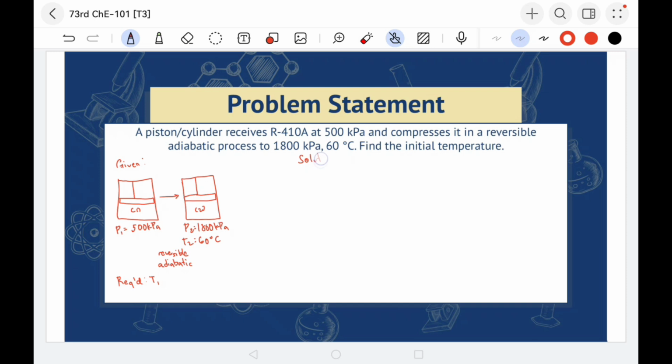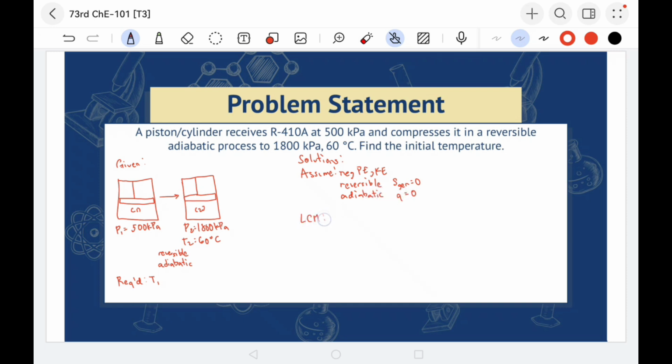To start, our assumptions would be that the potential energy and kinetic energy are negligible. And it is stated the system is reversible, which means Sgen equals 0, and adiabatic, Q equals 0.